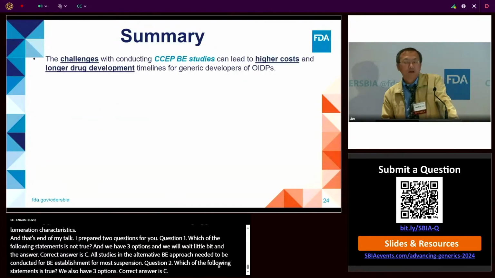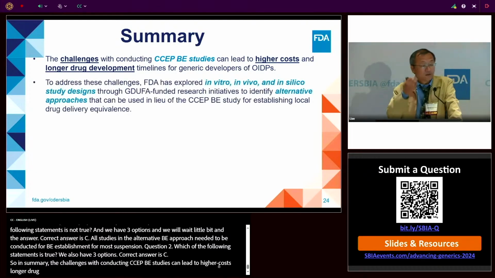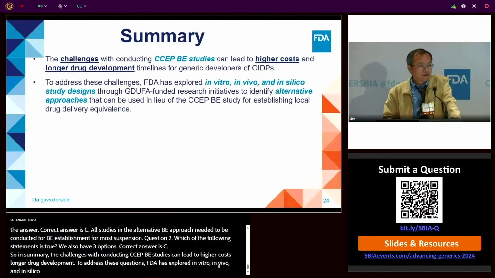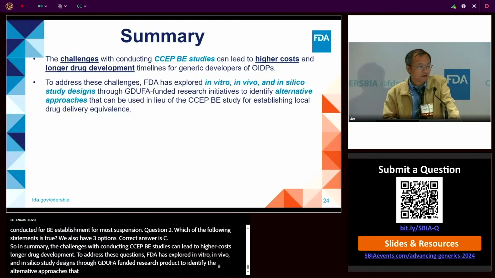So in summary, the challenges with conducting clinical BE studies could lead to high cost and longer drug development. To address these questions, FDA has explored in vitro, in vivo, and in silico study design through the GDUFA-funded research projects to identify the alternative approaches that can be used to replace the clinical BE study.